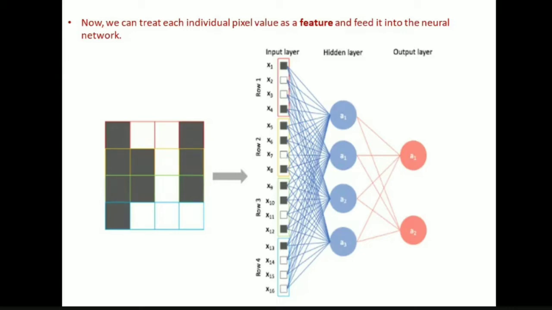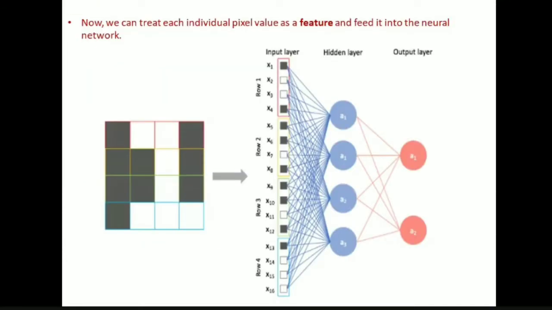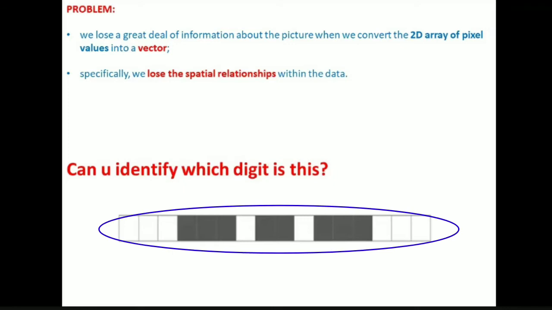But what happens here? Here we are taking a complete 2D representation of the handwritten image, and now we are dividing that input image into vectors. When we are dividing this input image into vectors, do we have any relationship between these pixels? I'll ask you a question. Can anyone identify what kind of digit this is in this representation?